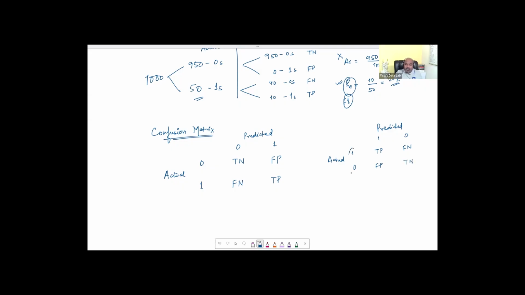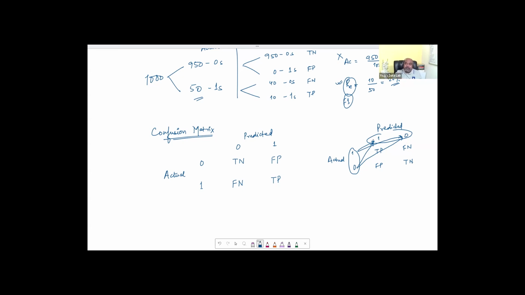So you need to look at the actuals and the predicted, and what it is being predicted as. Based on that, you can determine what your confusion matrix is stating. So the confusion matrix is a method to identify, once I have built a model, how many true positives, false positives, true negatives, and false negatives I am getting in my data set.